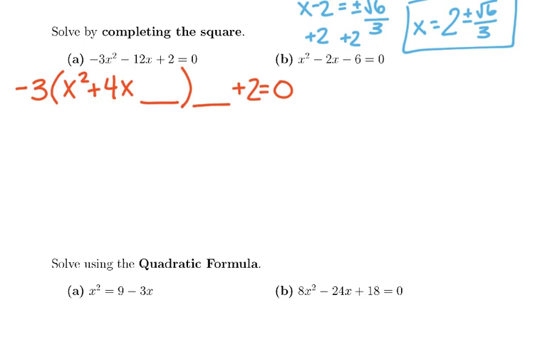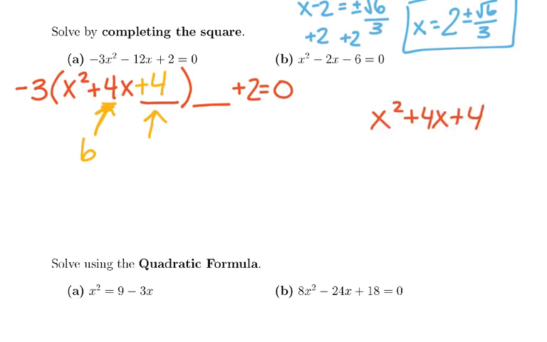To figure out what this quantity is, you can take half of this number and square it. 4 divided by 2, which is 2, squared would give you plus 4. So it comes from b, which is the new b value. This is your b that I'm referring to, not this. All right, so take this value, cut it in half, and square it, and you'll get this quantity here.